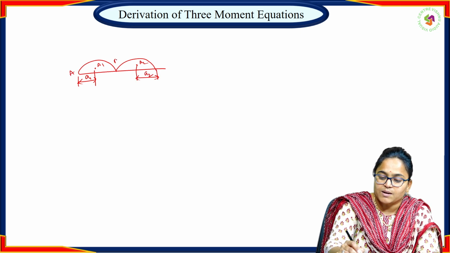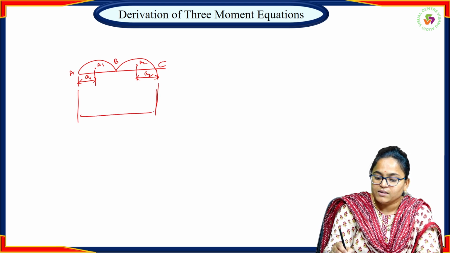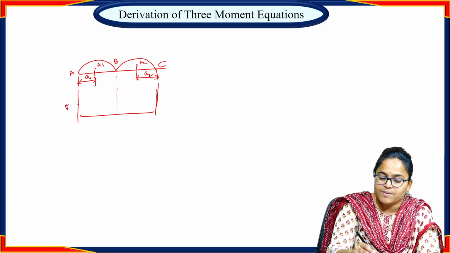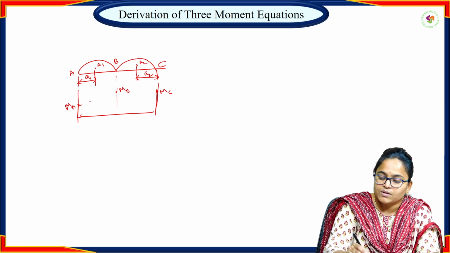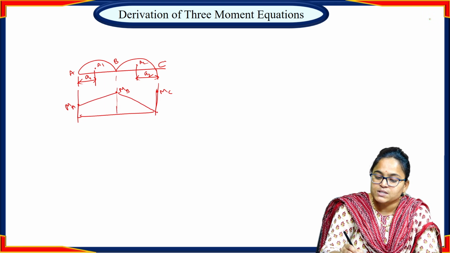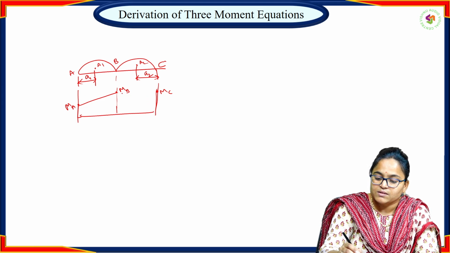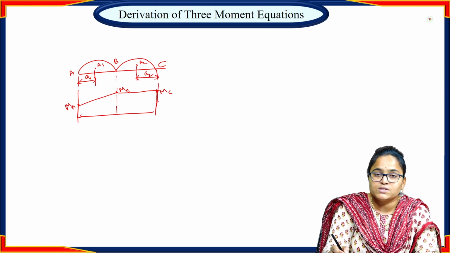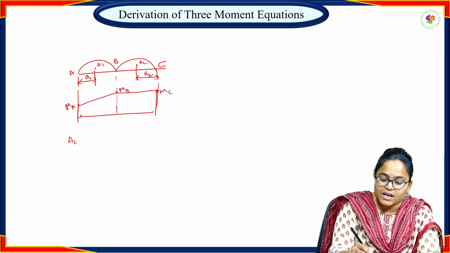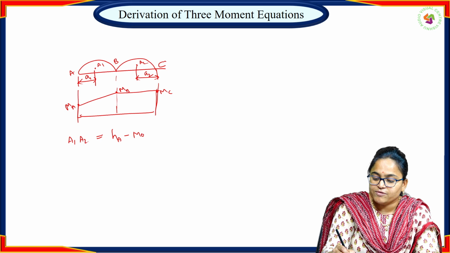This is support A, support B and this is support C. So we have the fixed BMD like this. This is MA, we are assuming, this is MB, and this is MC. If supports A and C are also fixed supports, we'll get moments at A and C also. Now to find these unknowns, we are finding A1 A2, that is HA minus the moment of the M by EI diagram.